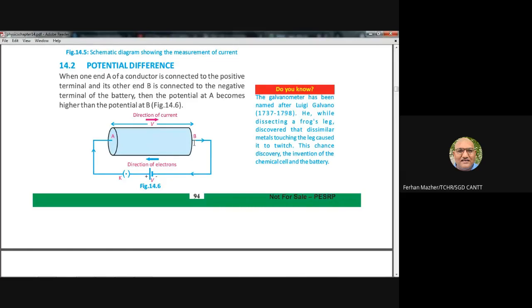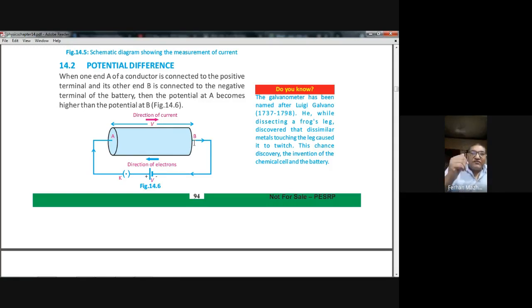So that's the potential difference. So you see, try to understand this definition. The definition of the potential difference is the amount of electric energy converted into other form of energy when unit charge flows through that resistor. And I gave you an example.